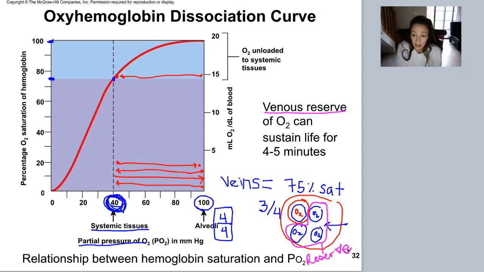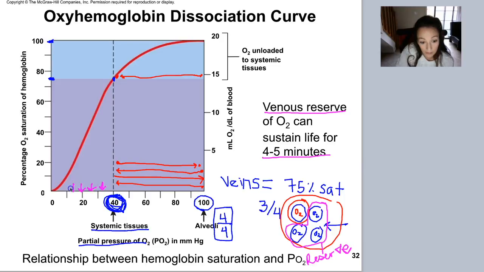This is the oxygen that, if we get ourselves into some trouble where we do not take an inspiration, we do not bring more oxygen into our body for 4 to 5 minutes, we can still survive, because hopefully our heart will keep beating and our blood will keep circulating around our body. And as it does, our partial pressure of oxygen will drop lower and lower.